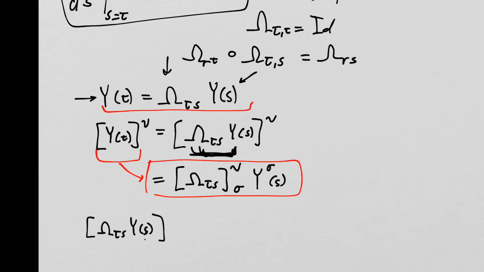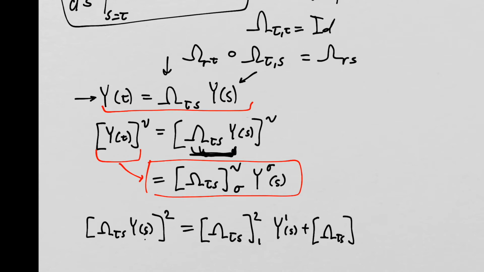So if I write that, and I want to know what the second component is, that's simply omega ts second component 1 y1 of s plus omega ts, second component, I guess 0 component, 1 component.